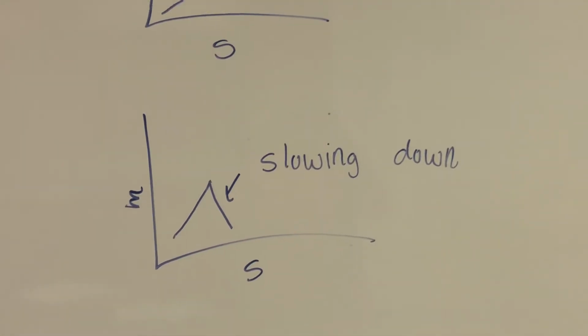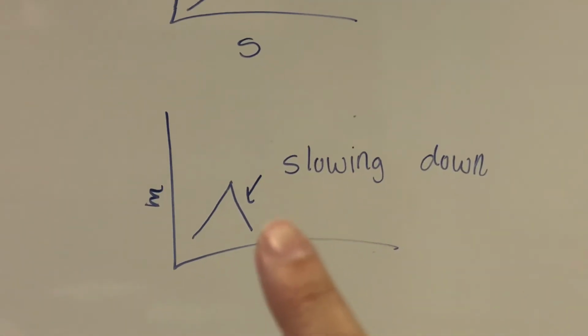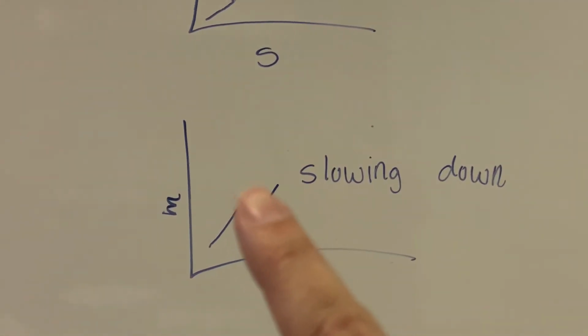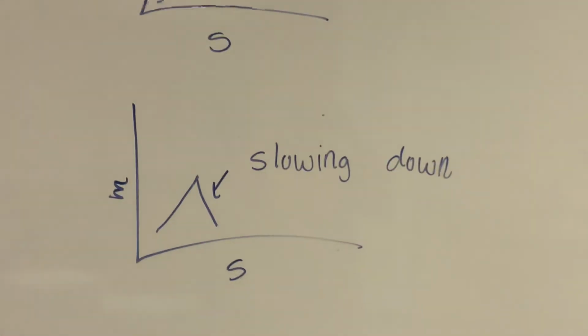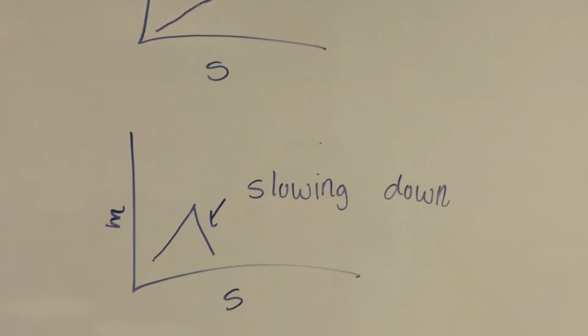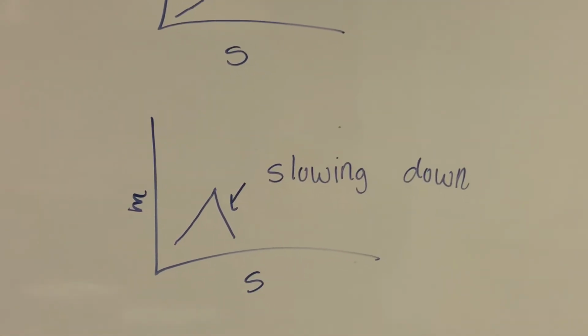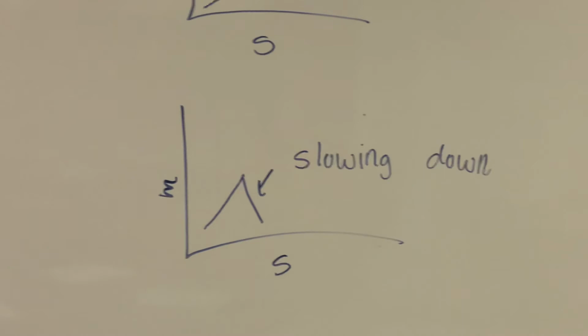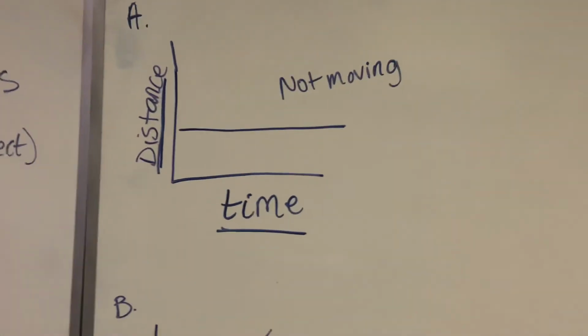I went the opposite direction, but I also decreased the angle of the line. I could have come out here, but I cut it off short to show you that it is slowing down. Makes sense? All right, so there are your graphs. This is your distance time graph.